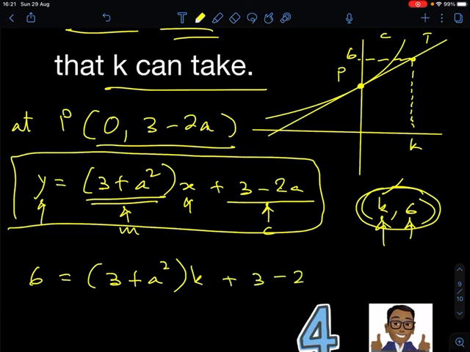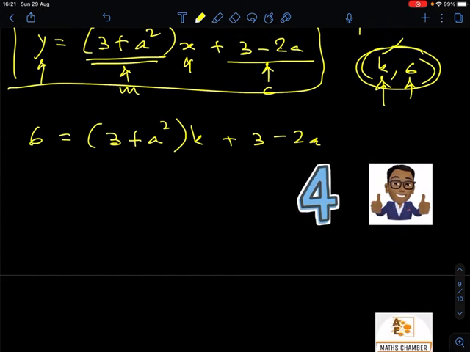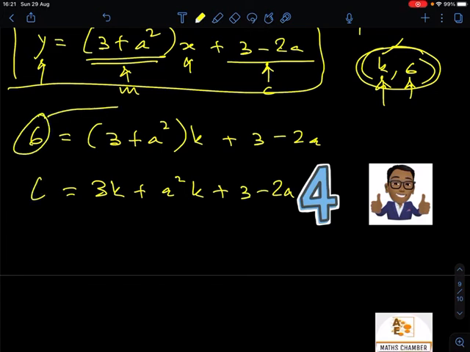Okay, and from there we open up the bracket, so we have 3k plus a squared k plus 3 minus 2a, right? We further simplify to bring the 6 over to the right, so what we have is k a squared minus 2a plus 3k minus 3 equal to 0, because this 6 brought over, minus 6 plus 3 gives you minus 3.